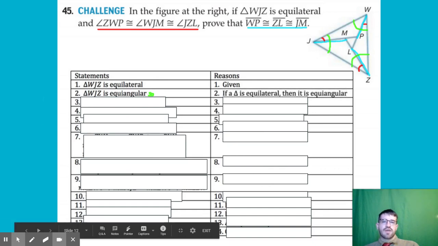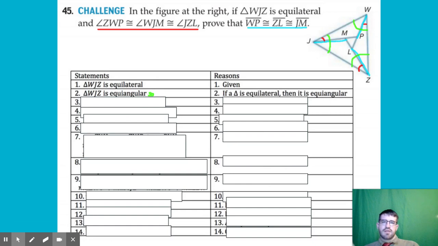And that's always true. If a triangle is equilateral, then it's also equiangular. So we know that ZWJ is congruent to WJZ, and that's congruent to JZW. These are the green angles I just marked here, by the definition of an equiangular triangle.